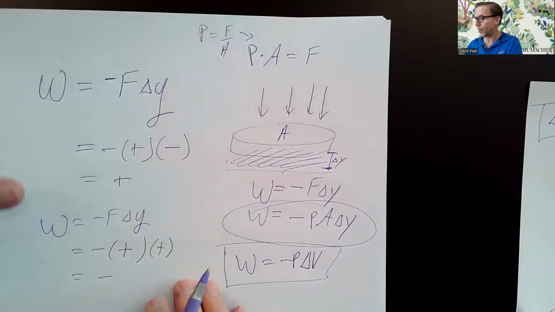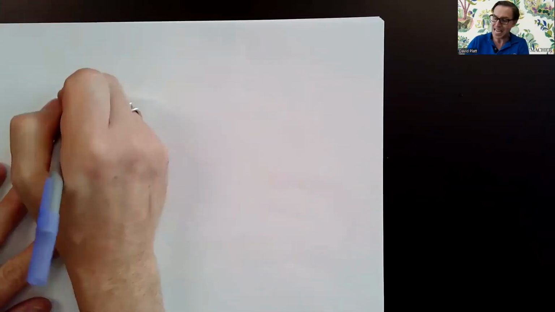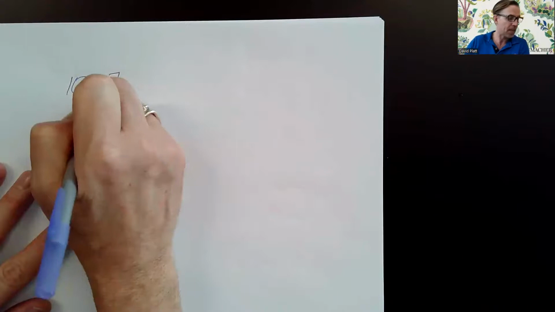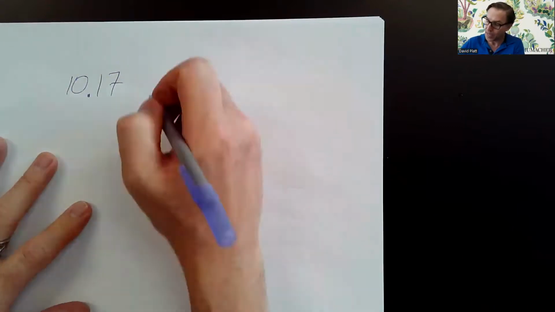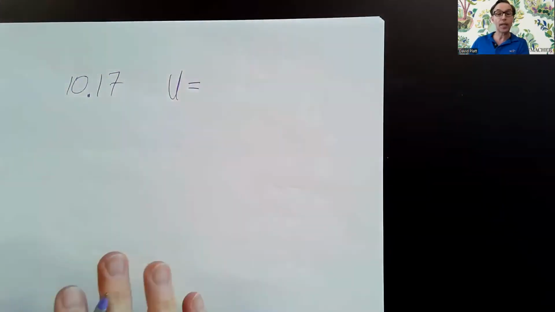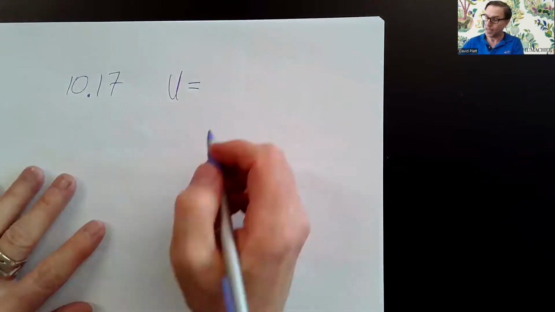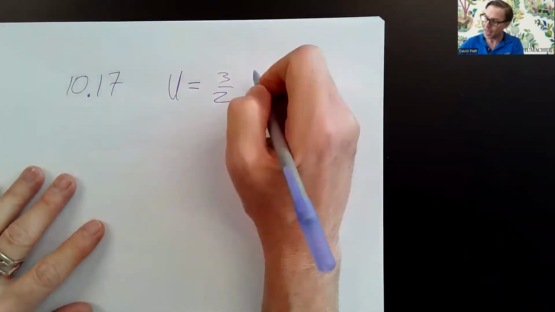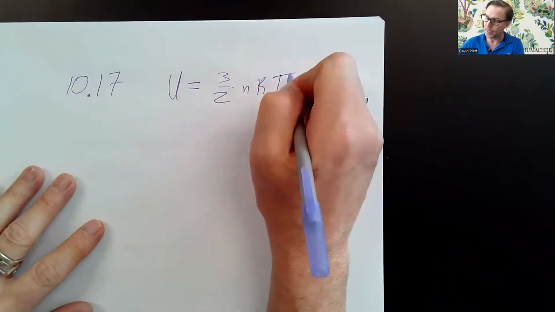All right, I have one final thing that I want to talk about. It's short. I want to talk about equation 10.17 in your book, and it's that U, the total internal energy of the gas, equals 3/2 nRT.